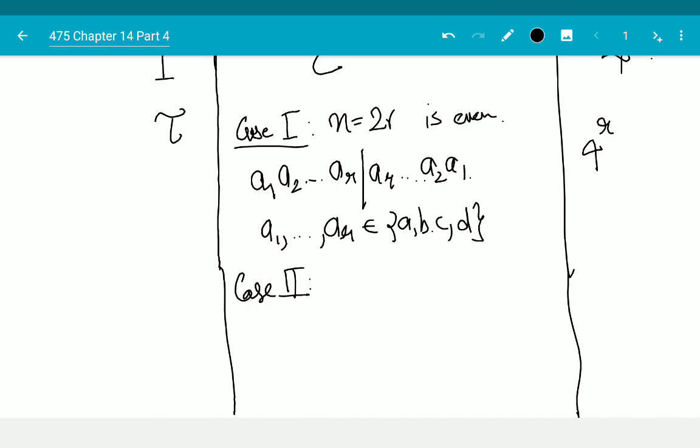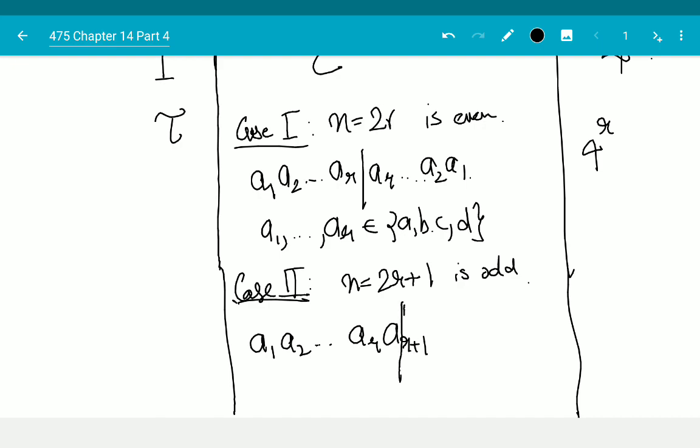Case 2, n is equal to 2r plus 1, is odd, right? Now, if n is odd, how does my permutation look? Well, a1, a2, dot dot dot, ar, and then I have an a_{r+1}, but my line of reflection hits around a_{r+1}.